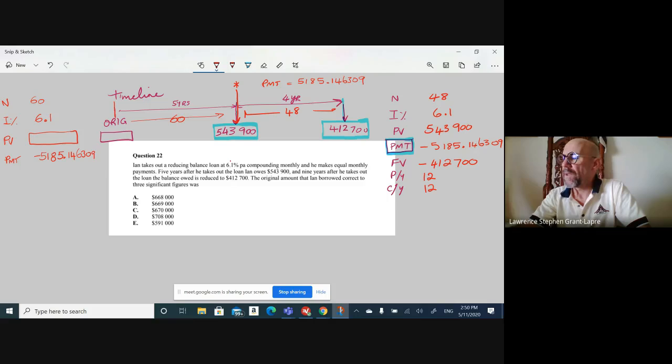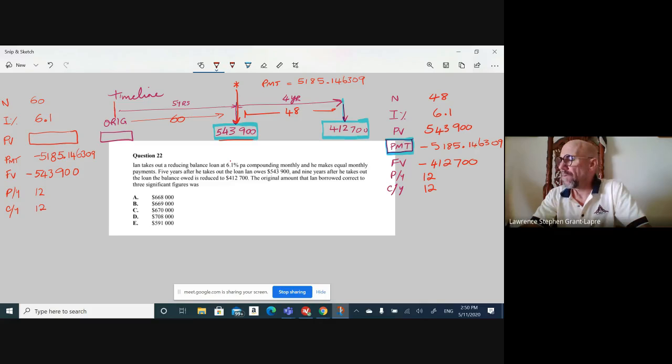Our future value, we know it will be worth 543,900. Now we have to put a negative there because that would pay off the loan. So we borrow some amount, we pay back 5,185.146309 every month, then at the end we would still owe the bank 543,900, and we still have 12 and 12.